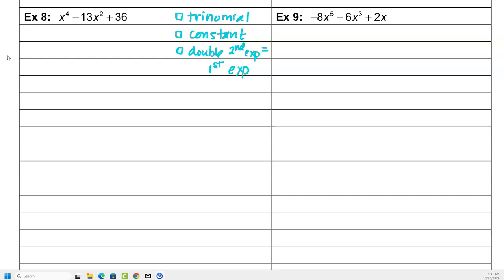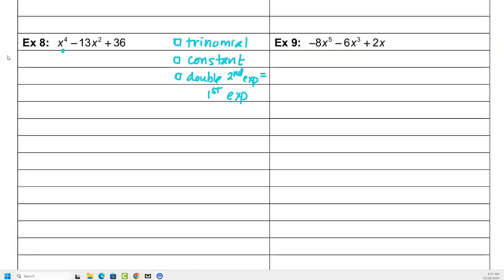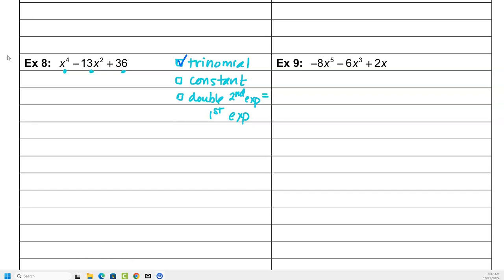So we just have to ask, is it a trinomial? 1, 2, 3, check. Does it have a constant? Yep. Check. If I take that second exponent and I double it, do I get the first one?